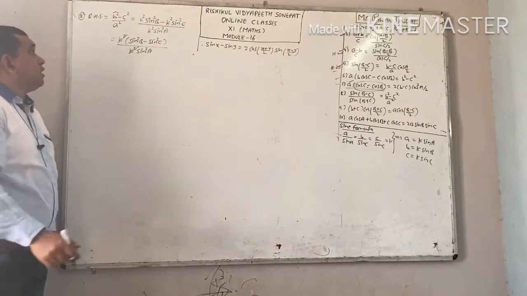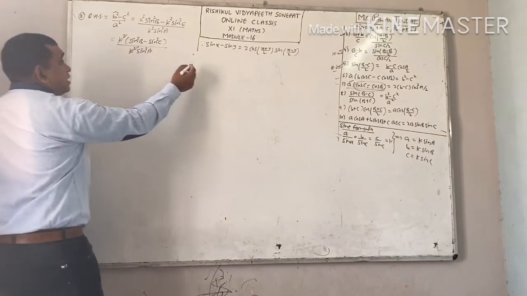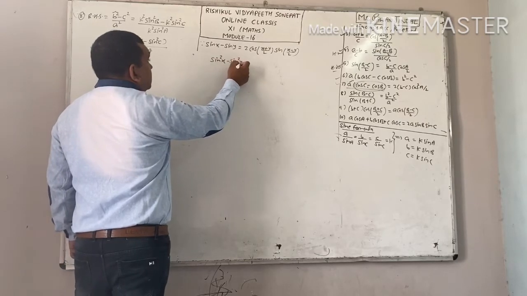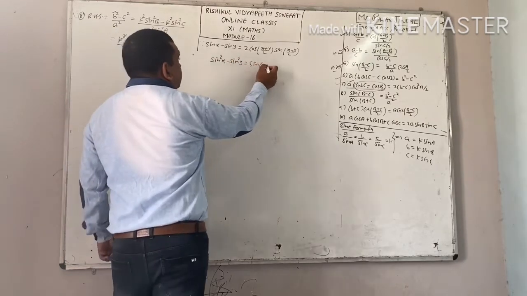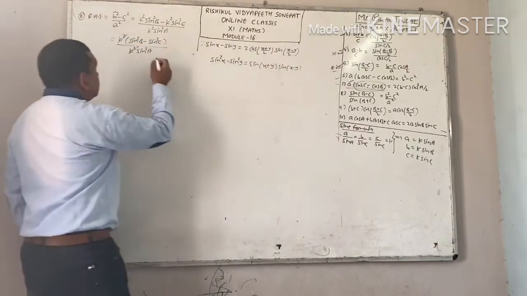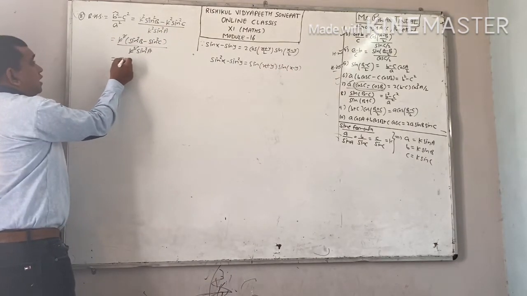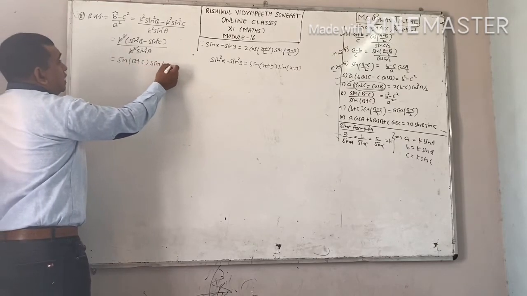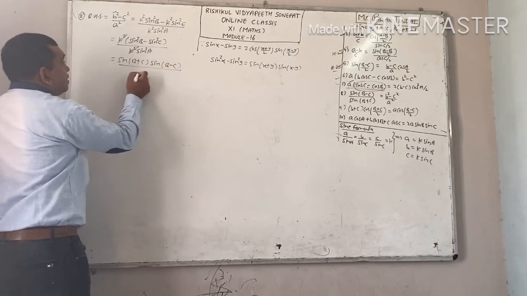Now apply the formula here. Sin square x minus sin square y, you know the formula, is equal to sin x plus y into sin x minus y. Apply it here. This is your sin B plus C into sin B minus C whole divided by sin square A.